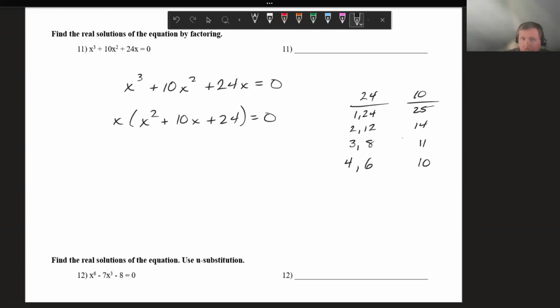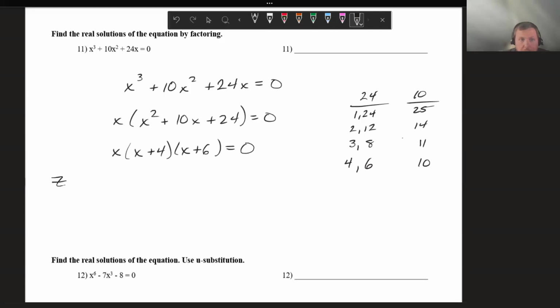Okay, so if it doesn't just come to you immediately, you can just work down through it. So I have x times x plus 4 times x plus 6 is equal to 0.